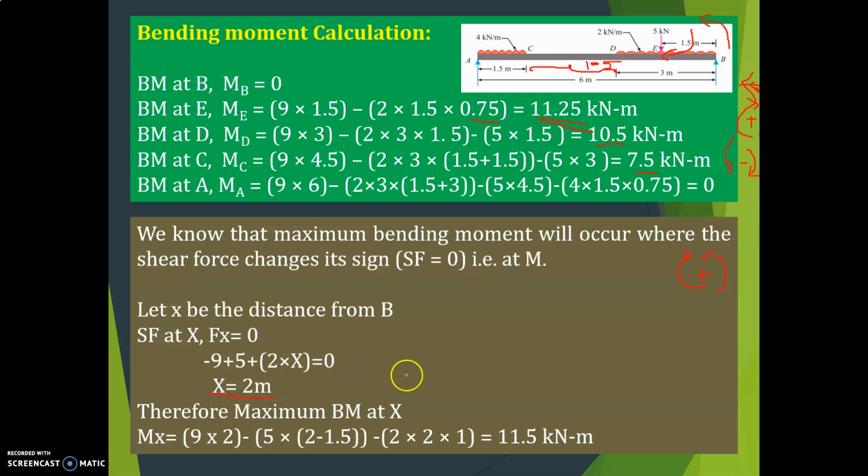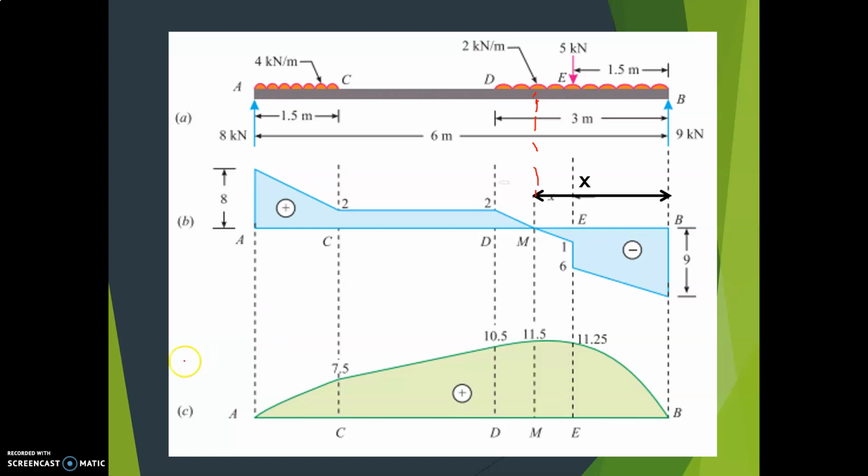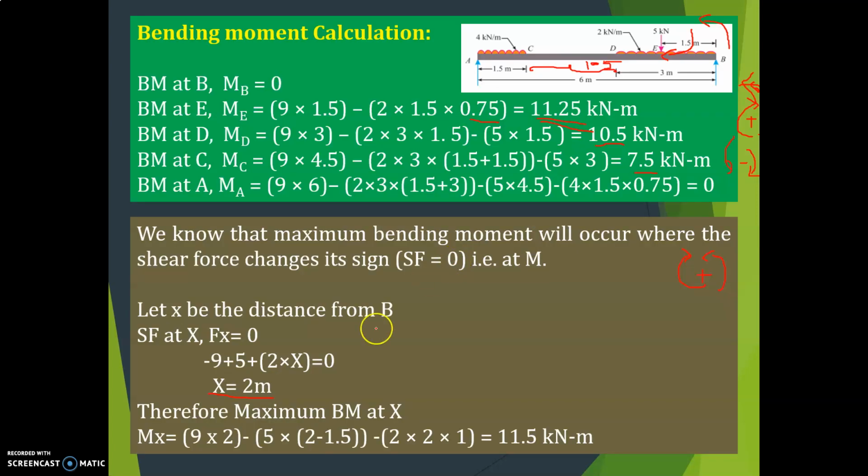Once you get X, you can calculate the bending moment at this point. It is 9 into X minus 5 into X minus 1.5 minus 2 into X by 2.